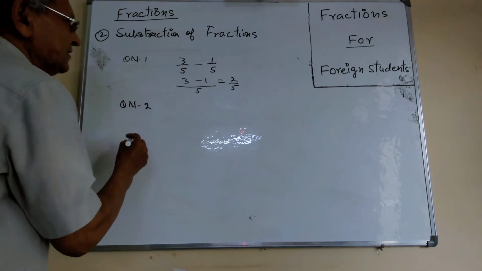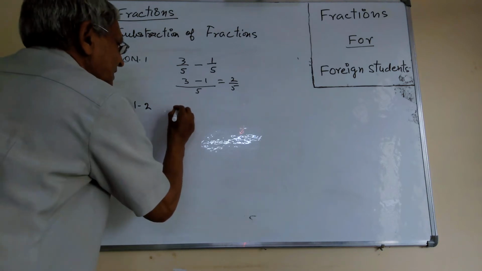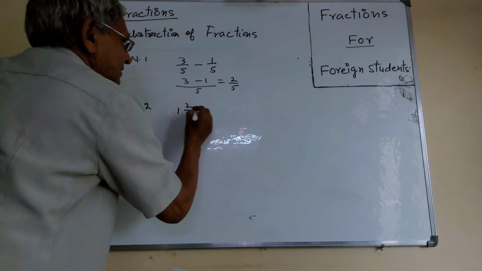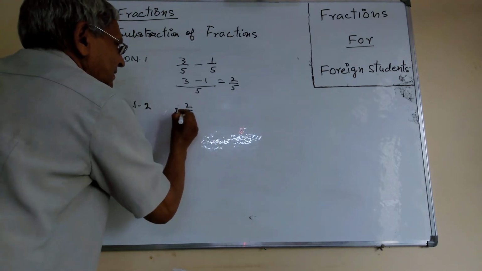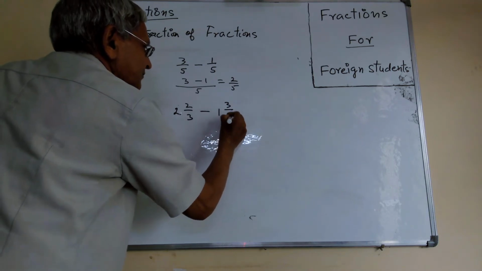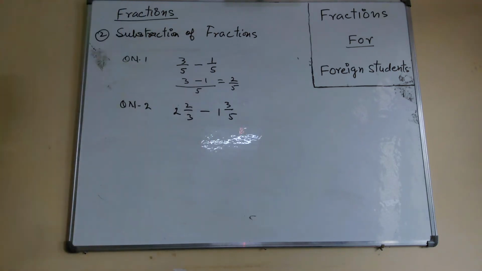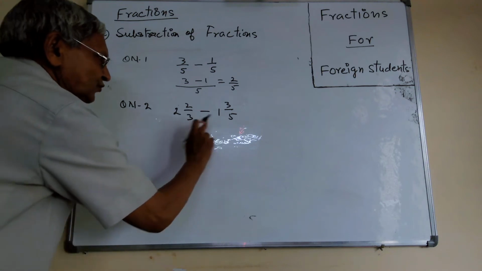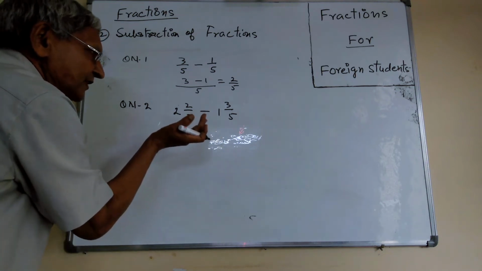Now question number second, in which 1 2 by 3 minus 1 3 by 5. These are two fractions, but these two fractions are complex fractions.